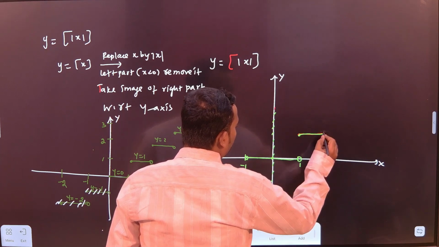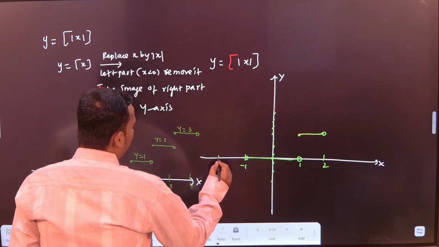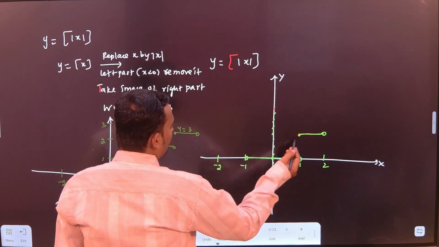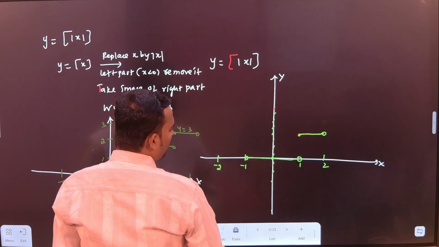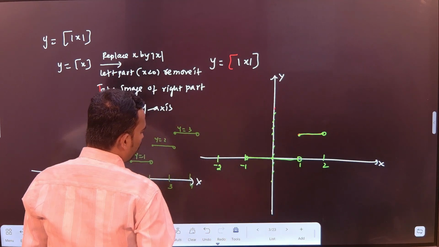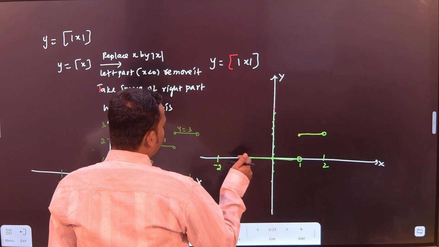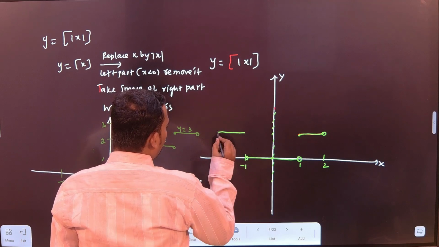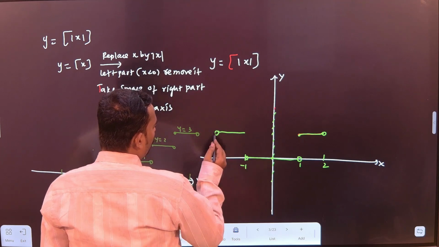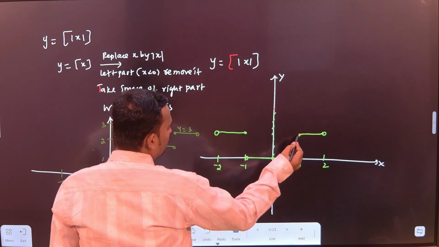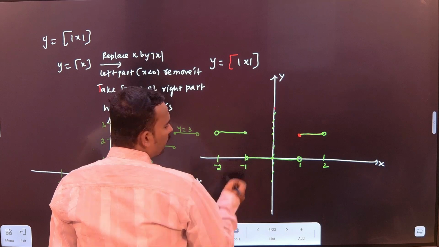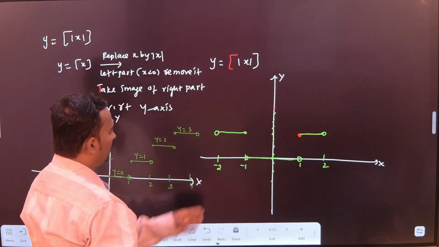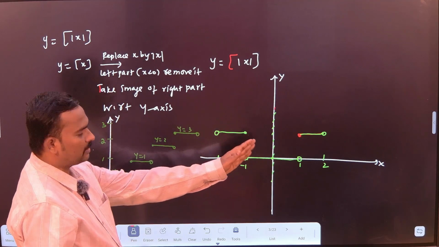Here you can take 2. The image is what? Minus 2 to minus 1. So here will be open, here is closed. You can see this image will be here. Understand? Whatever the right side is there, you take the mirror with respect to y-axis.